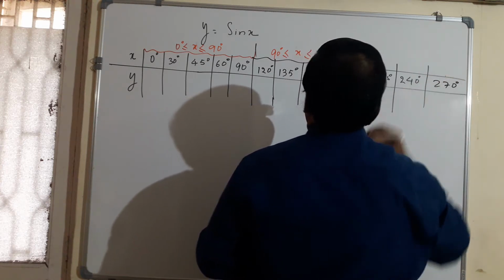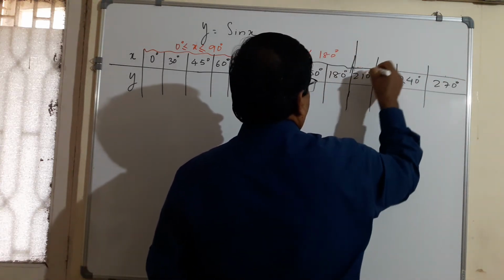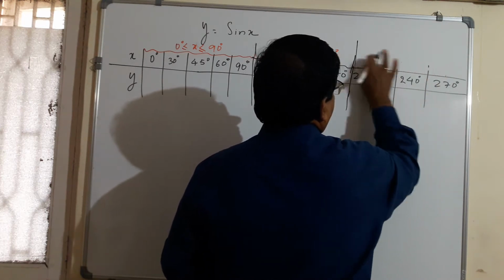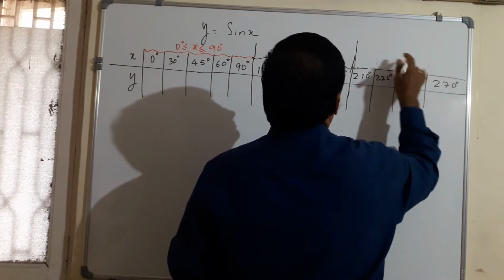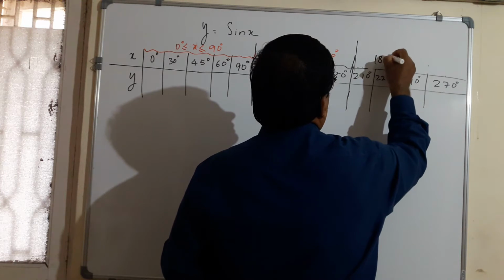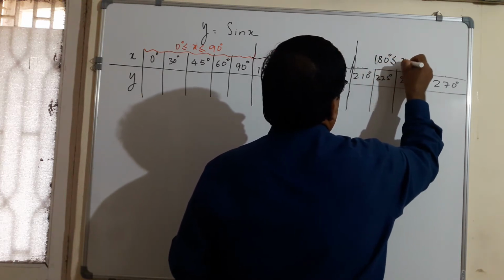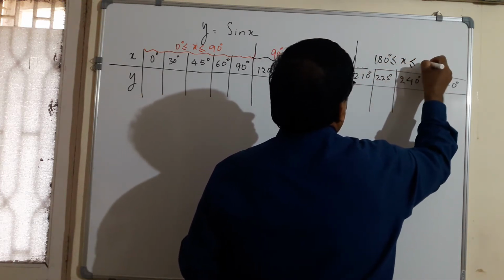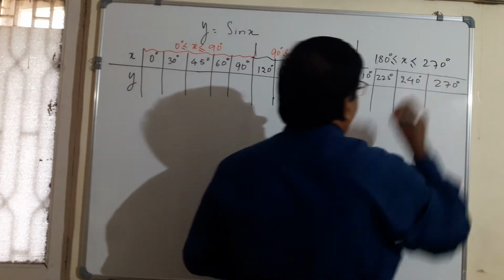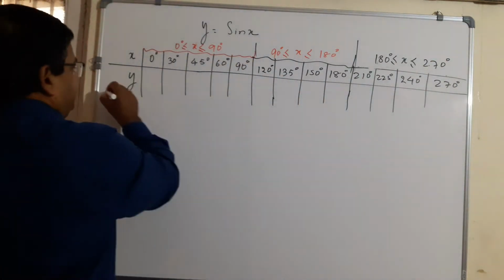This is your third quadrant. Third quadrant, 180 degree to 270 degree.